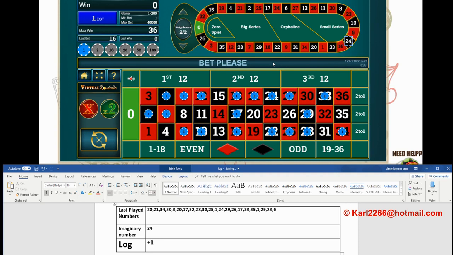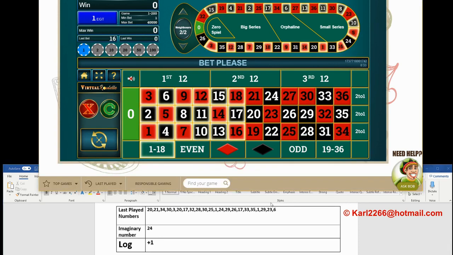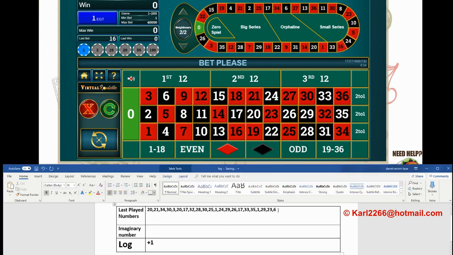So what do we do now when we got number 6 as new winning number, and we make 6 plus 1, and we got a new imaginary number, which is number 7. What do we do now? We place bets on terminals from number 7, which are 14 and number 2.